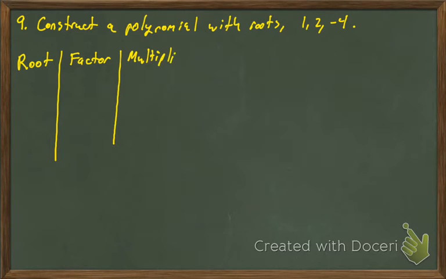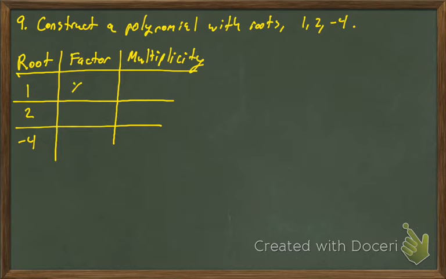Now, there was nothing stated about the multiplicity in the instructions, so if they don't say anything about the multiplicity, we assume that the multiplicity is going to be 1. Our roots are 1, 2, and minus 4. And the factor is going to be the opposite, so x minus 1, x minus 2, and x plus 4. Multiplicity is going to be 1 on each one of them.